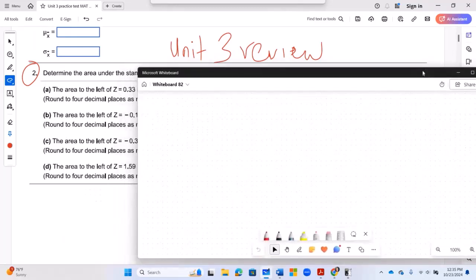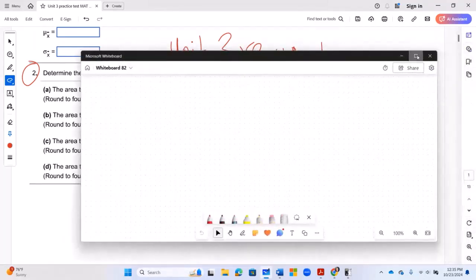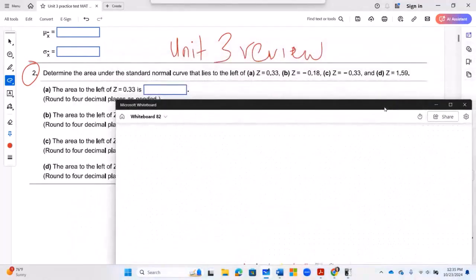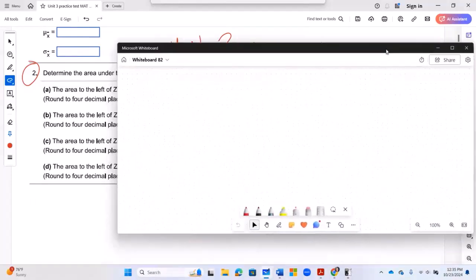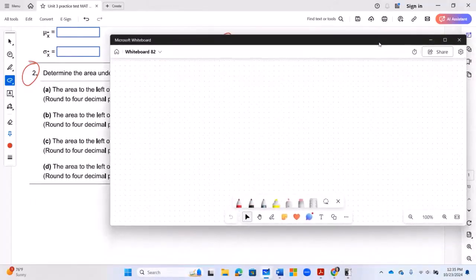Okay, so we are doing number 2. Question A says find the area to the left of z equal to 0.33. So this is area to the left, and I'm just going to write it as a probability.